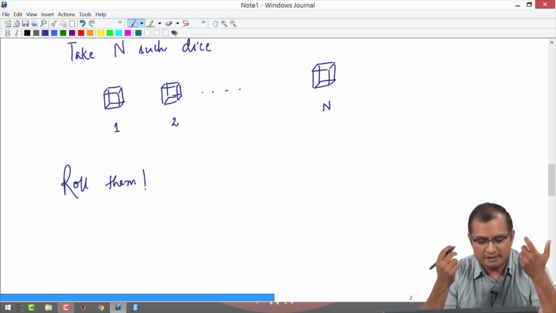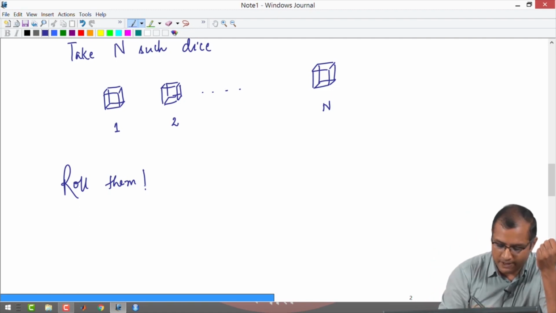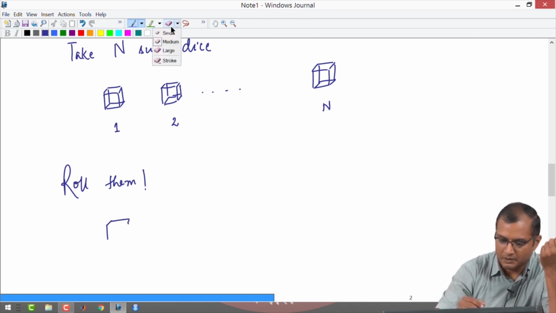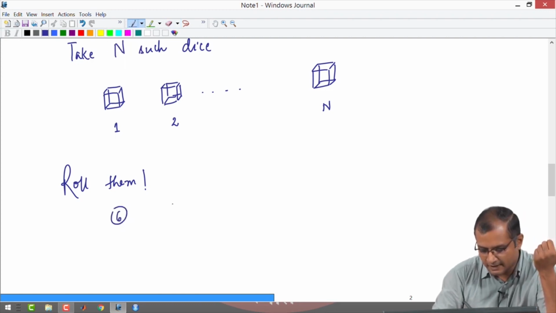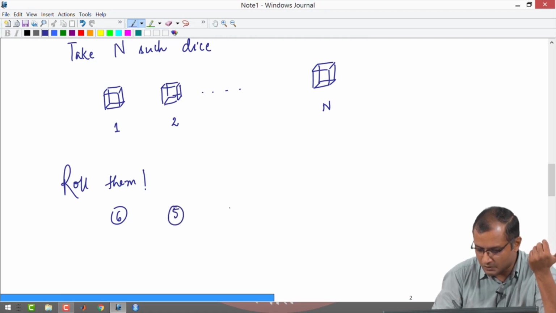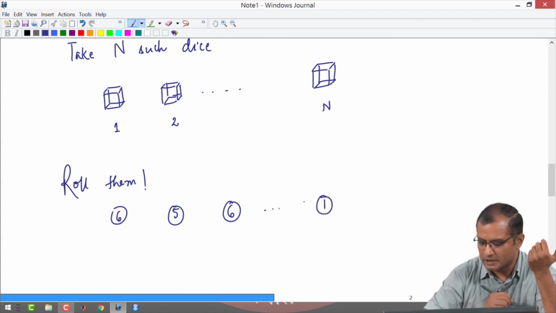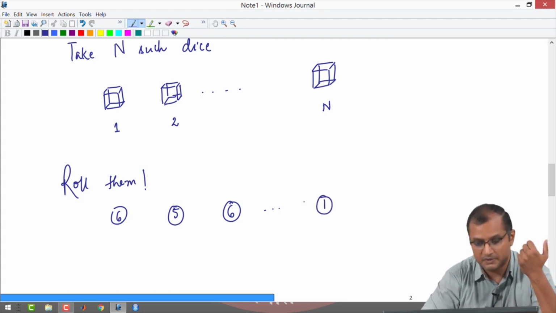So the first dice may show, I am going to write only the outcomes here, an outcome let us say 6, the second die may show an outcome 5, the third die may show again an outcome 6, and so on, and the last die may show, let us say, an outcome of 1. These are the outcomes. Okay.